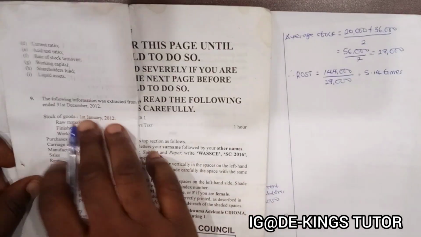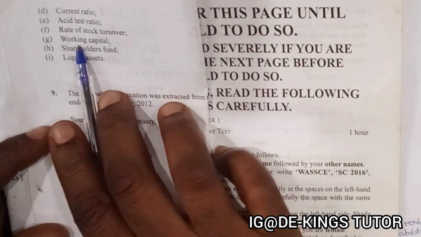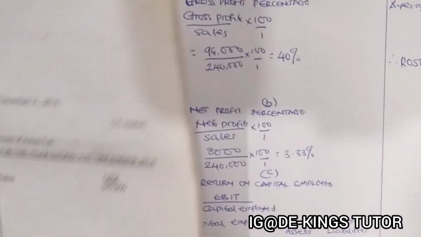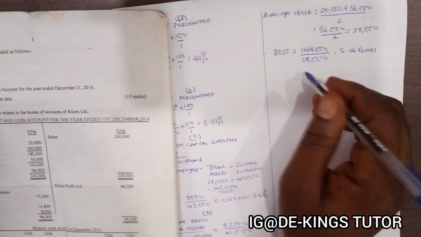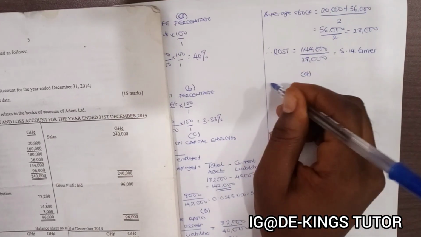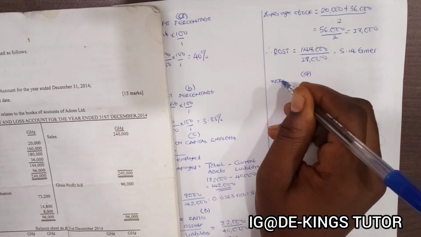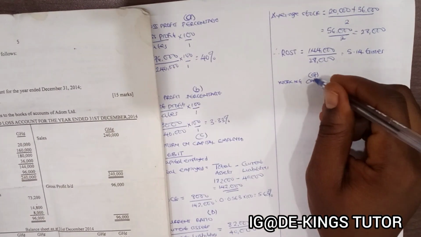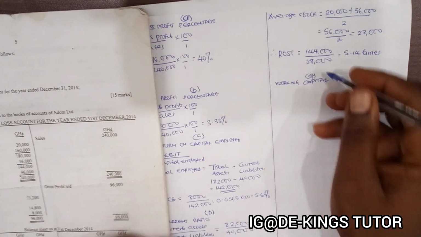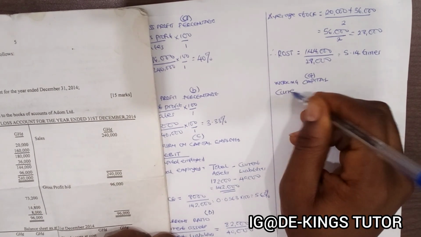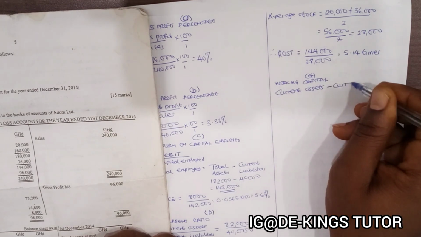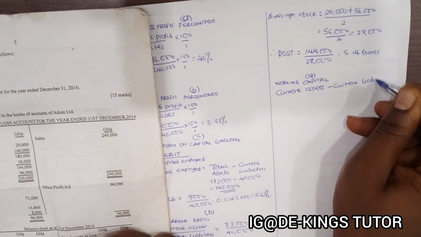So the next one is the working capital. The formula for working capital, which is G. Working capital is giving us the current assets minus the current liabilities.